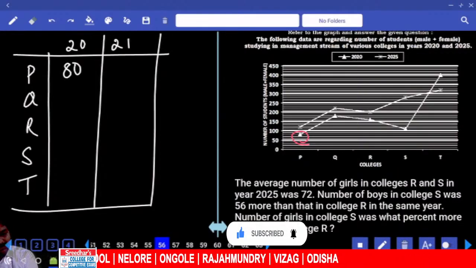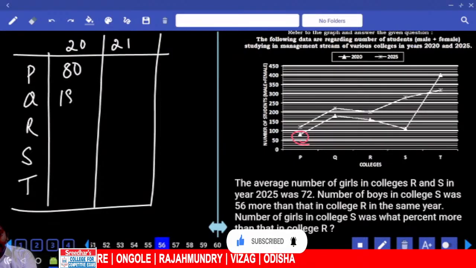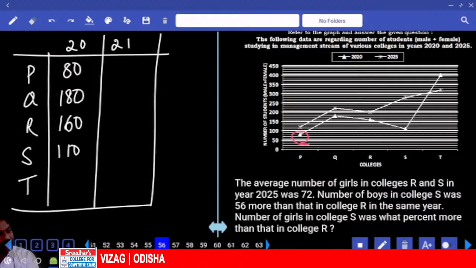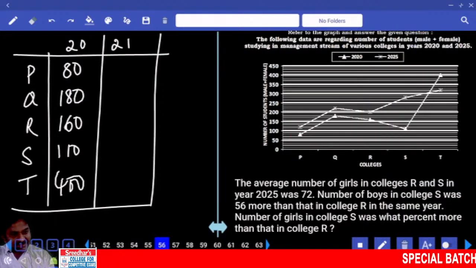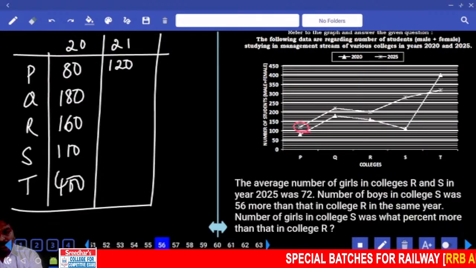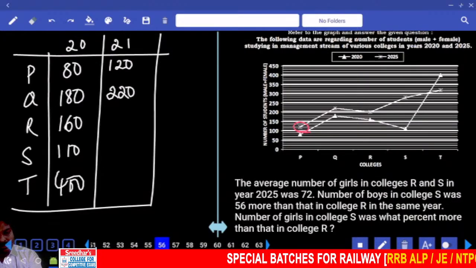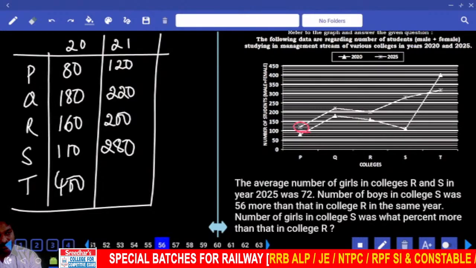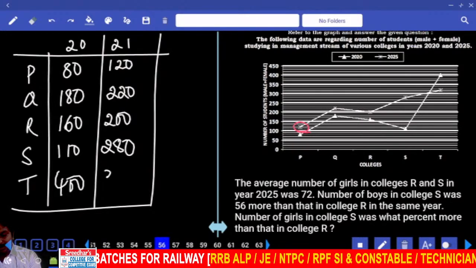Follow the line: 180, 160, 110, exactly 400. Next is star: 120, 220, 200, 280, 280, 320.